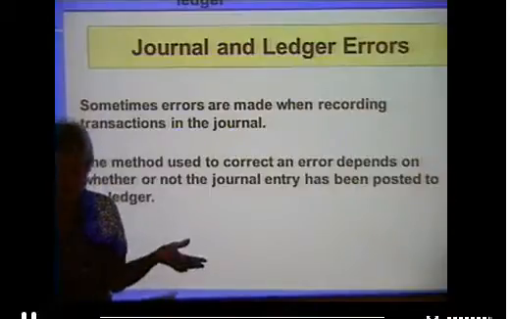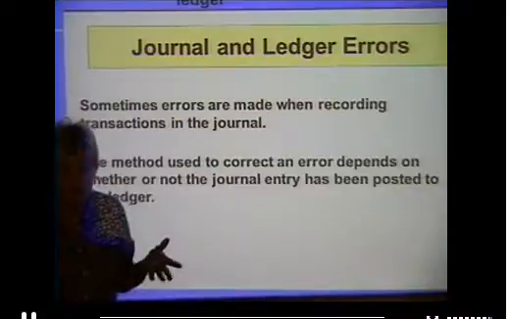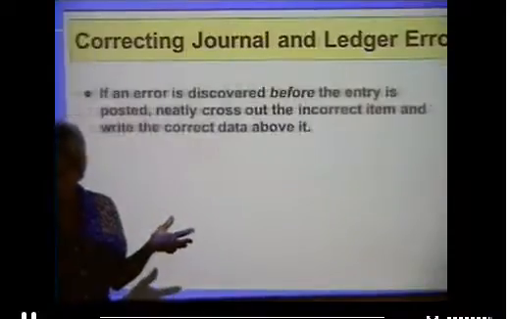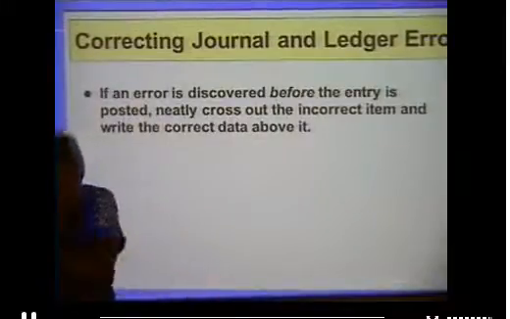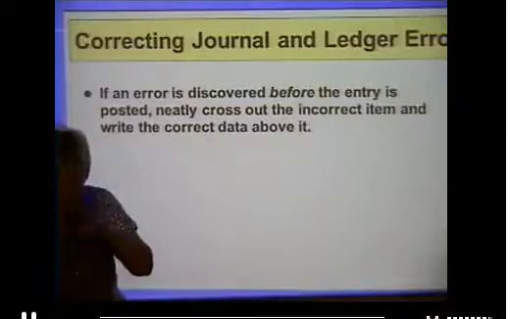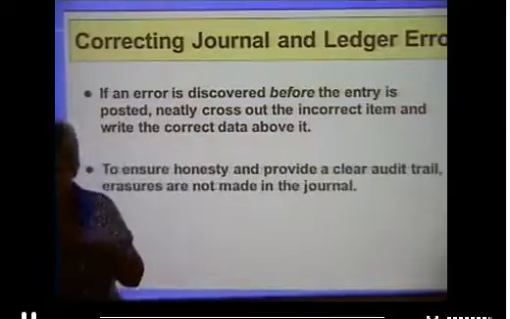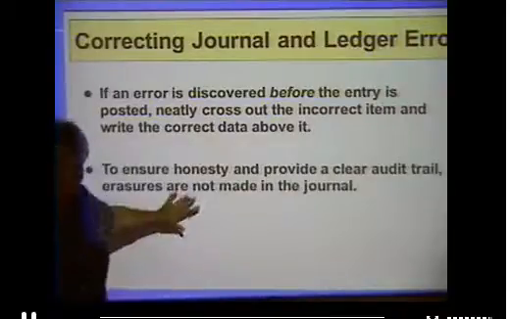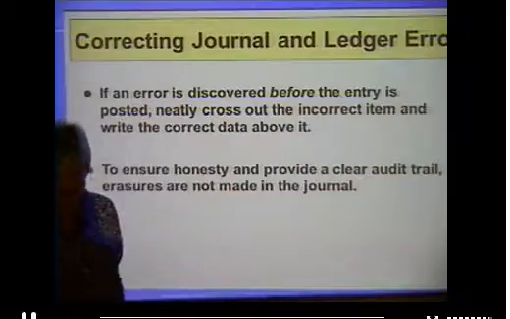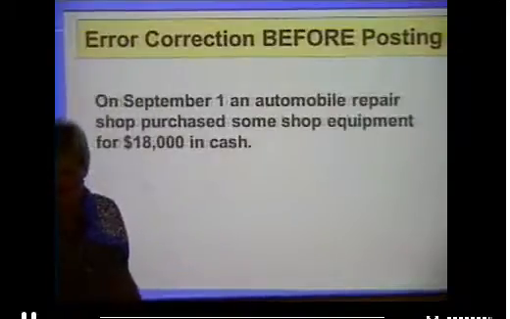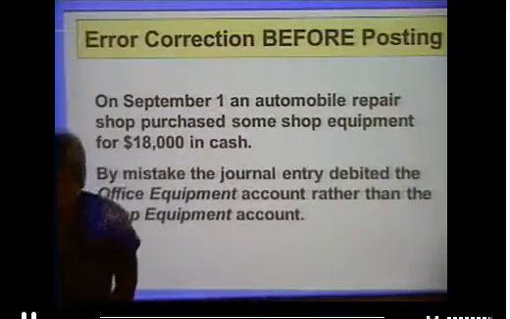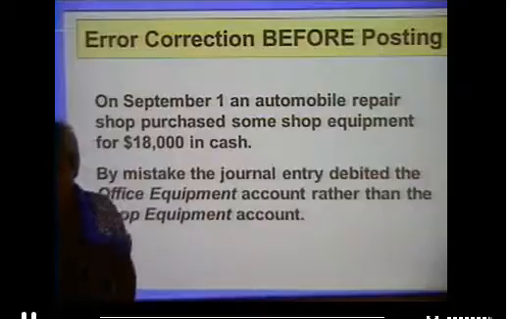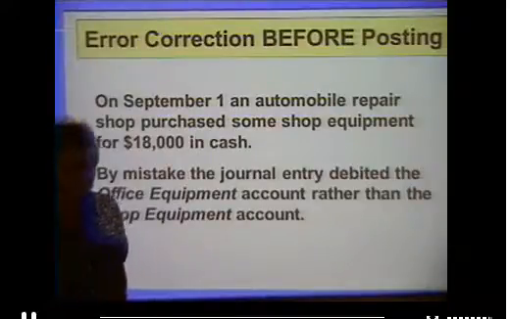So let's look first at an entry that has just been written in the journal and we haven't yet put it in an account. Remember, it must be done in ink and no erasing. Before you post it, say on September 1, an automobile repair shop purchased some shop equipment for $18,000, and it was written down as office equipment instead of shop equipment.